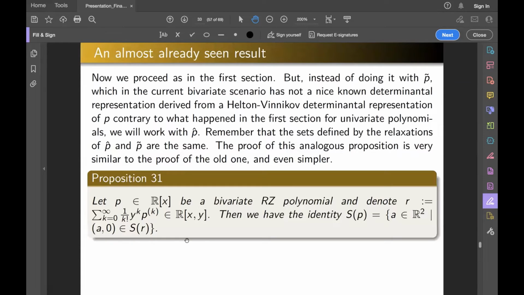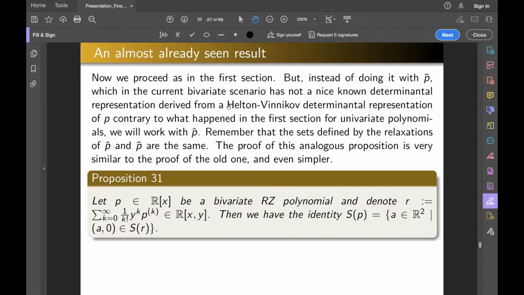And then what we get is the result for the univariate polynomials. Here, using what we just saw, we get a completely different proof of the result that we saw for one variable.